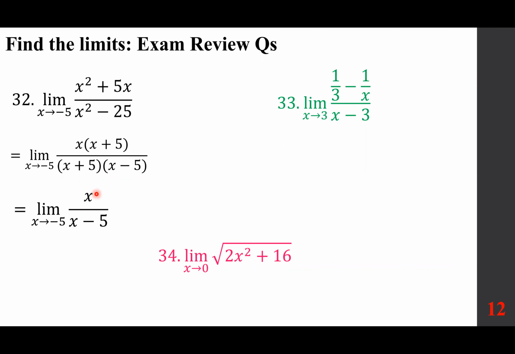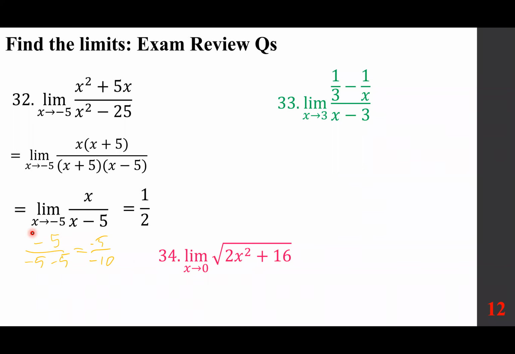So the top becomes minus 5, the bottom becomes minus 10, which is positive 1/2. So I can write that for you. The top becomes minus 5, the bottom becomes minus 5 minus 5, which is negative 5 over negative 10, giving us positive 1/2.